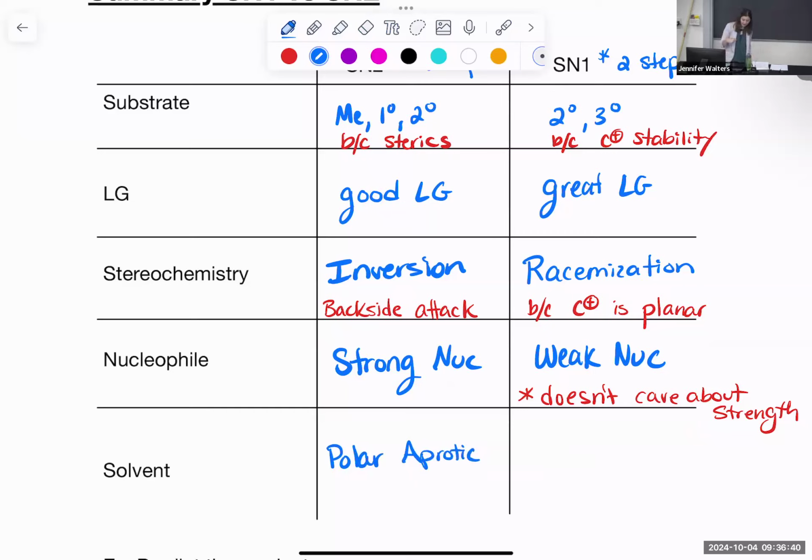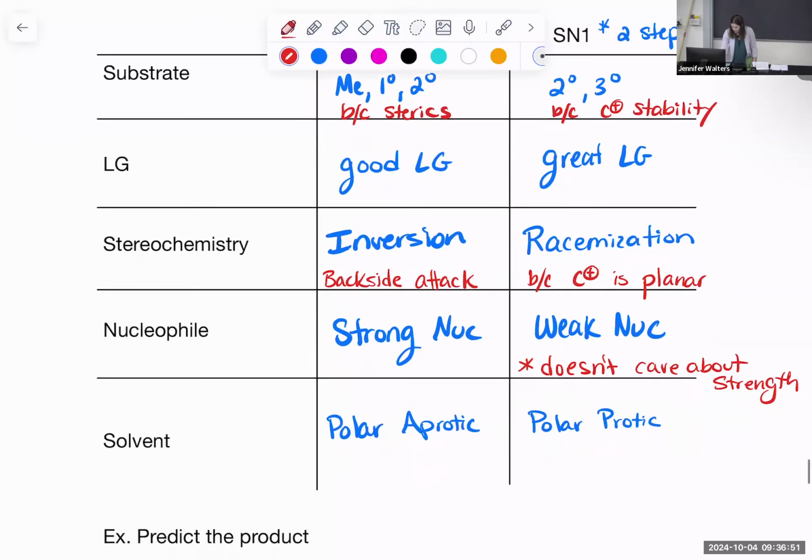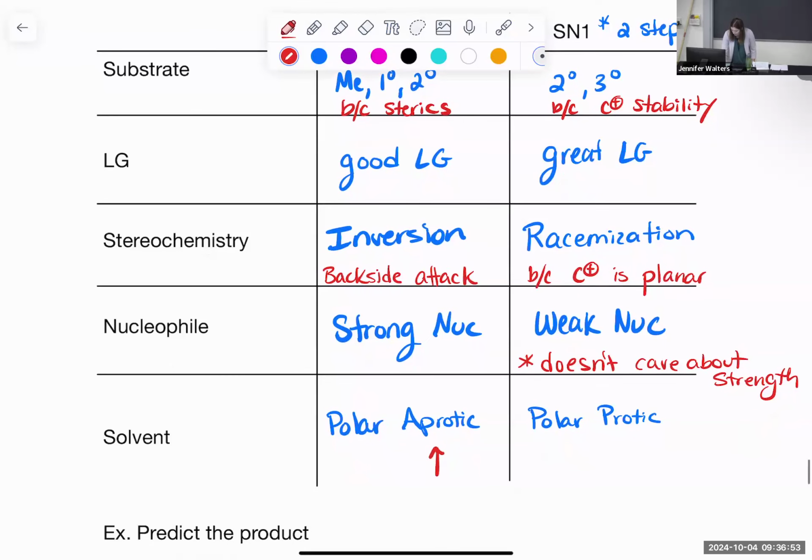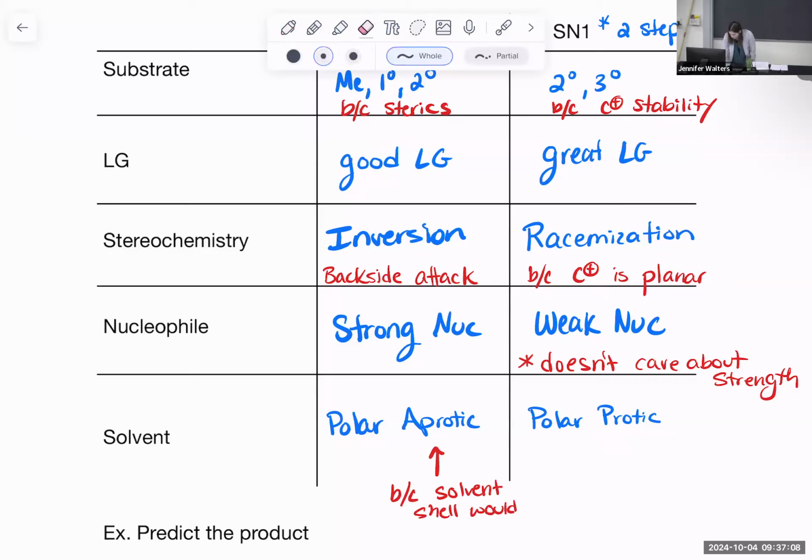Our SN1 reaction favors polar protic. And again, for SN2, it's because the protic solvents form a strong solvent shell.